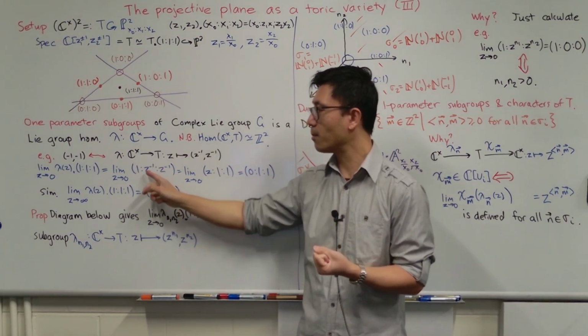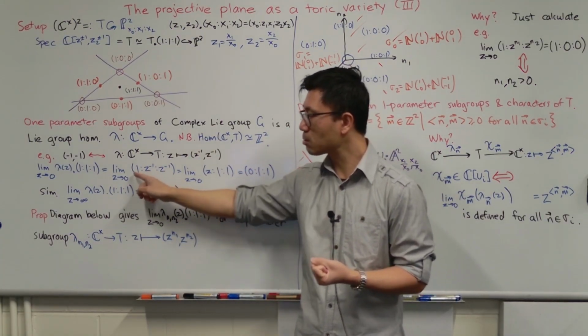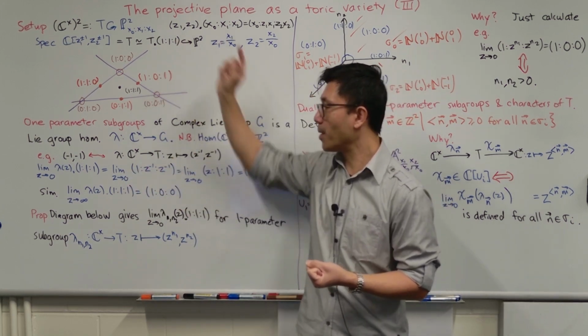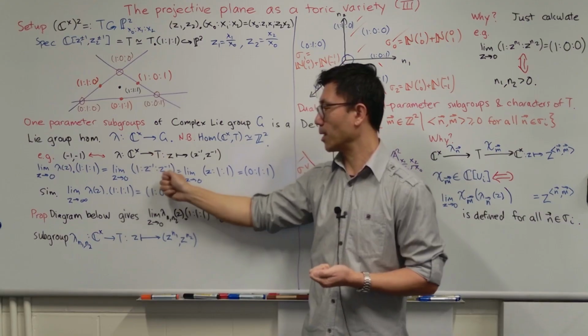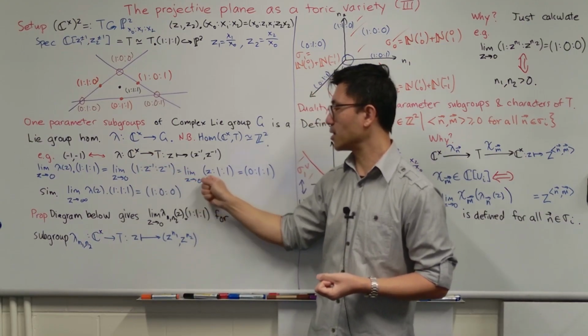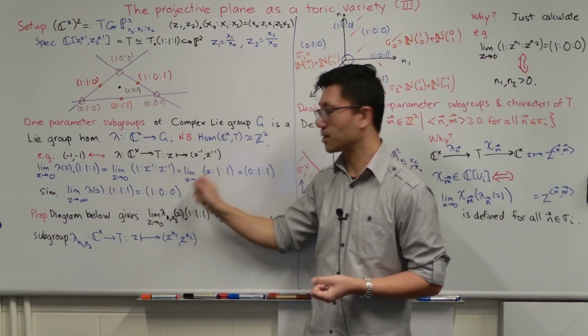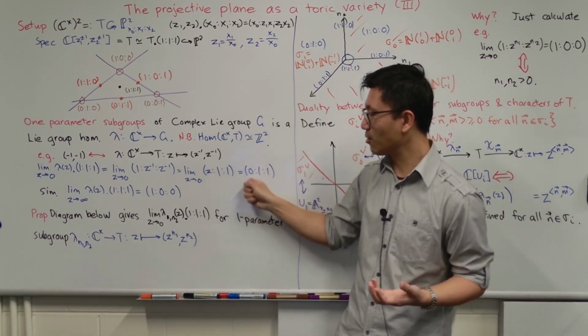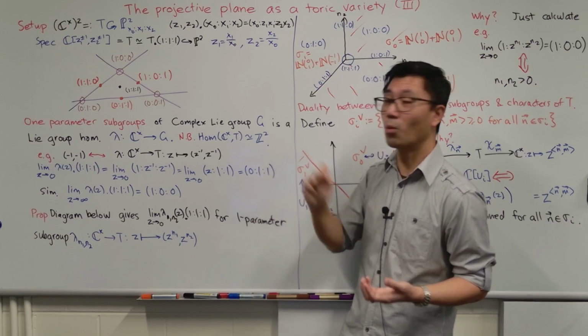How do we work out the limit? You can just multiply throughout by z, because inside this orbit that's going to be defined. So if you multiply by z, you get z : 1 : 1, and you take the limit as z goes to 0, and now it's very easy to see what that limit is. It's just 0 : 1 : 1.